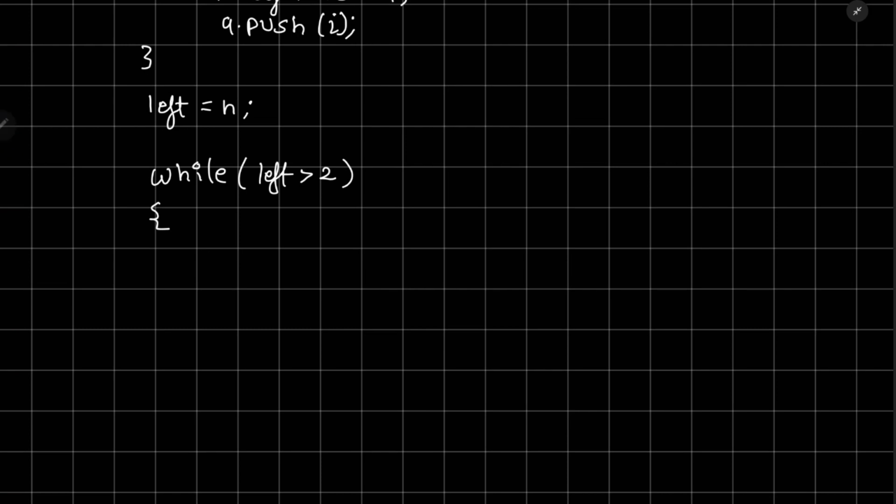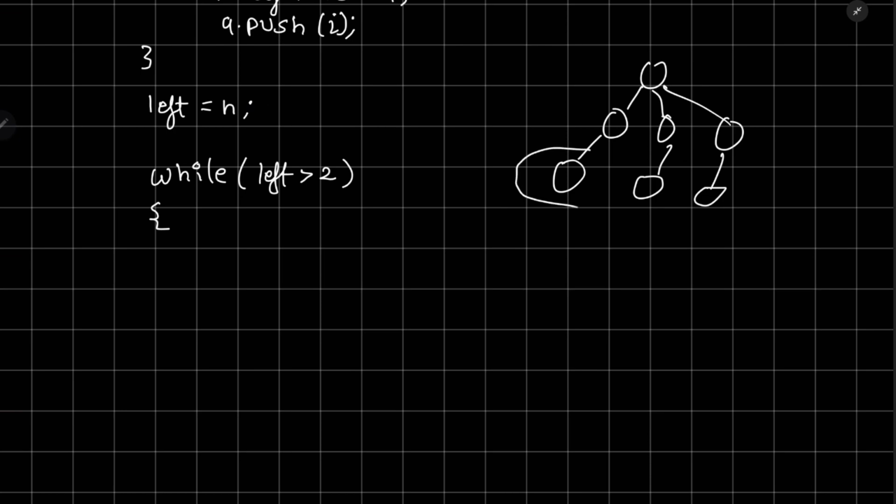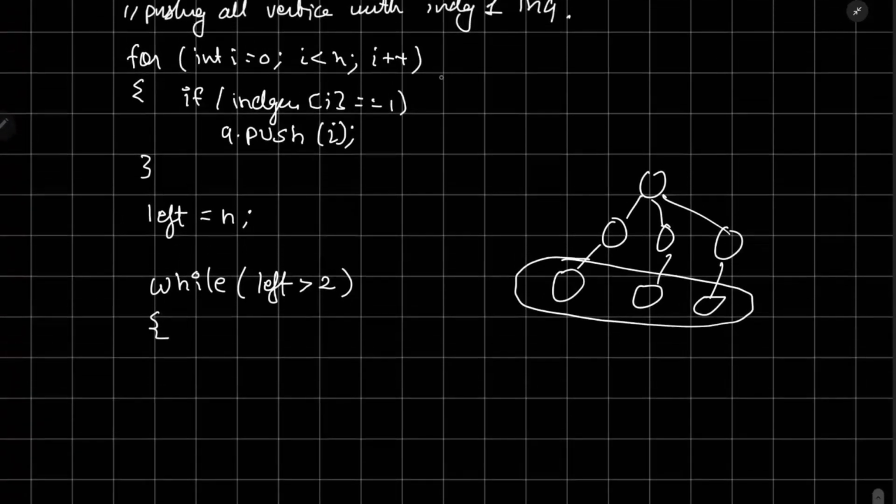Now what left is signifying here is that if we have this graph, as you can see in this graph we have 7 vertices. So initially n will be 7. Now as we remove these in the first phase, when we are done with this one, our queue will contain these nodes, and these are the leaf nodes, or they have the in degree as 1.